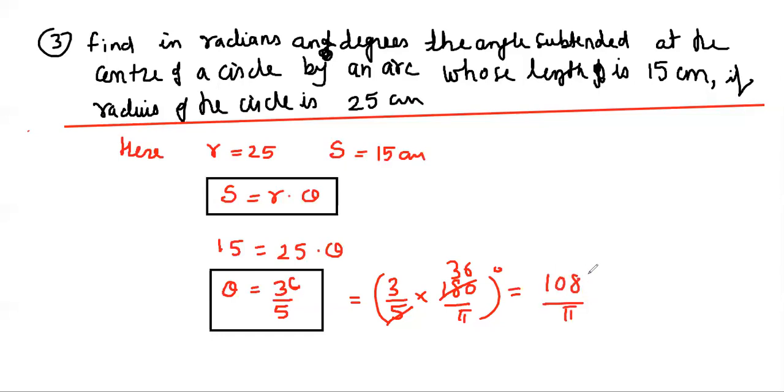Very good beta. 108 by pi degree is the theta in degree. That's what we were asked to find out. So I would write down finally here theta is equal to either 3 upon 5 radians or 108 upon pi degrees. So I can make a box over here which will mark our final answer.